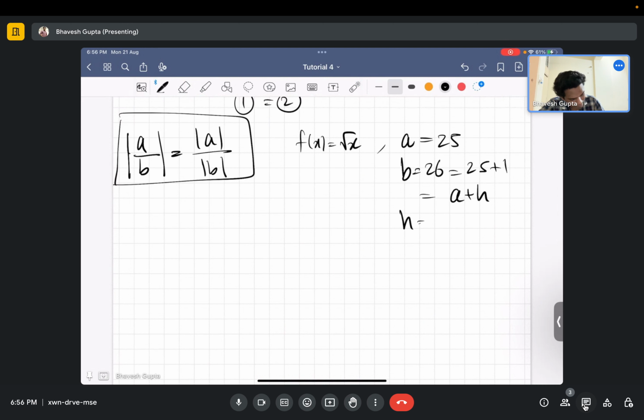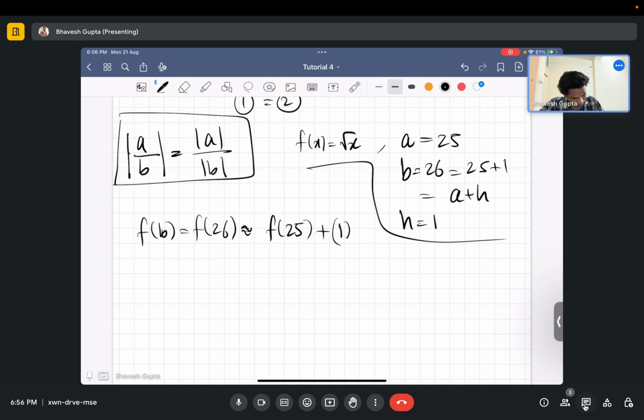So you can understand my h is 1. So what I'm saying is that f of b, which is f of 26, is approximately f of 25 plus 1 times f prime 25, right? So what is my f prime x here? 1 over 2 root x. So what do I see that?